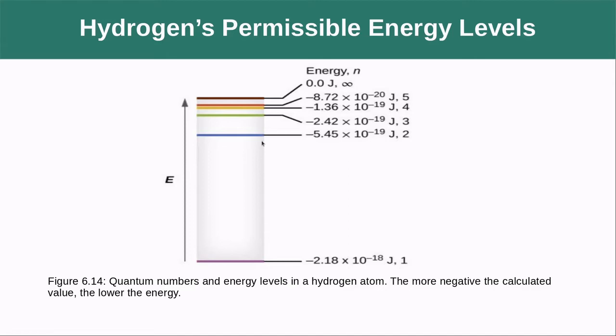You could have a higher energy level here, a higher energy level here, on and on, but you can't have anything in between them. And this is going to be specific for different elements.